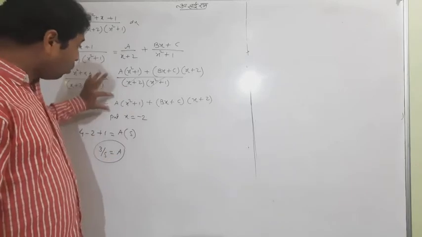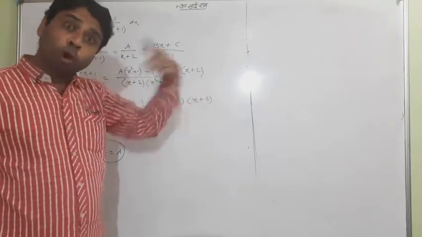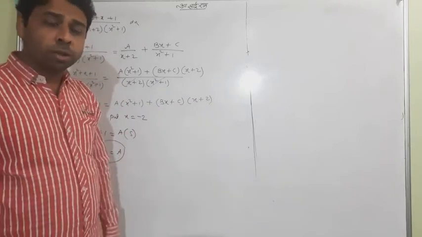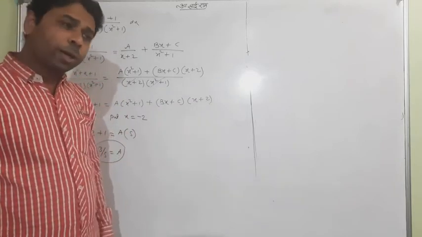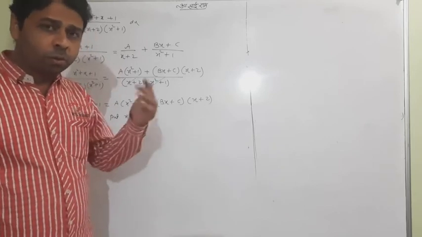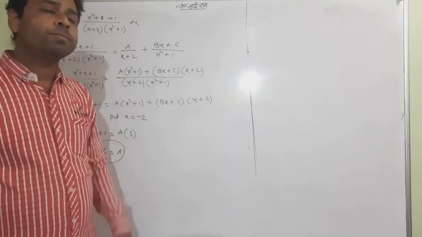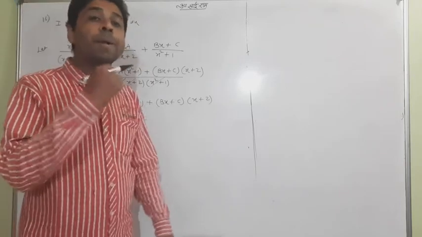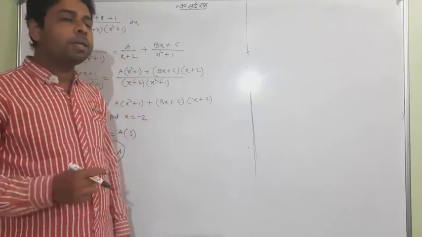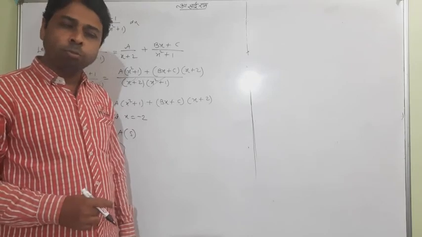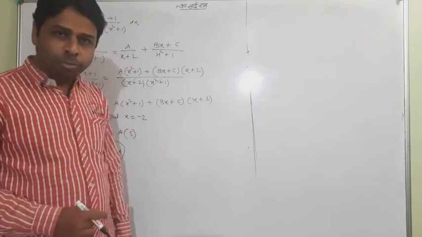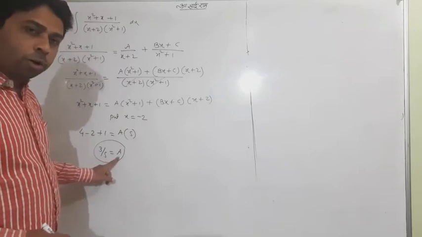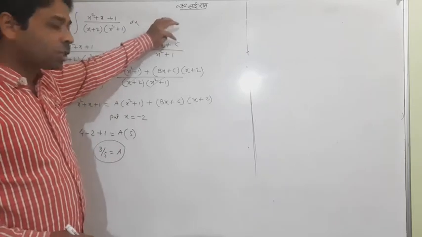You will have 2 more equations, then you have to solve these equations and you will get the answer. I told it verbally; you can hear me by repeating the video. But I don't want to tell this method. Actually I am telling you the comparing method. Whenever the linear factor is coming, you will definitely use the value putting method, as I did here. I got only one value, A, and B and C are still required.